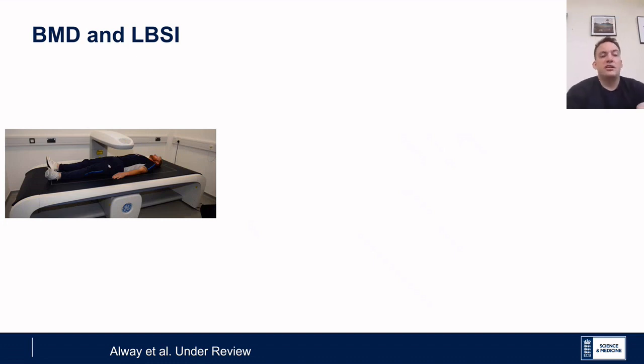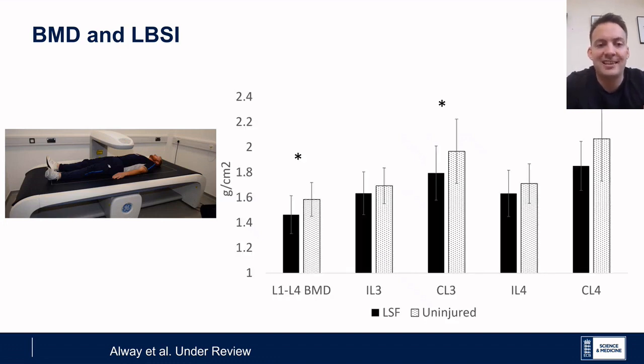Next, we're also curious about our bone mineral density values and how these laid in players who did and didn't have lumbar bone stress injuries. So cross-sectionally at injury, what we found is that our injured group had a lower bone mineral density across the whole L1 to L4 lumbar spine, but also on the contralateral side of L3 and L4.